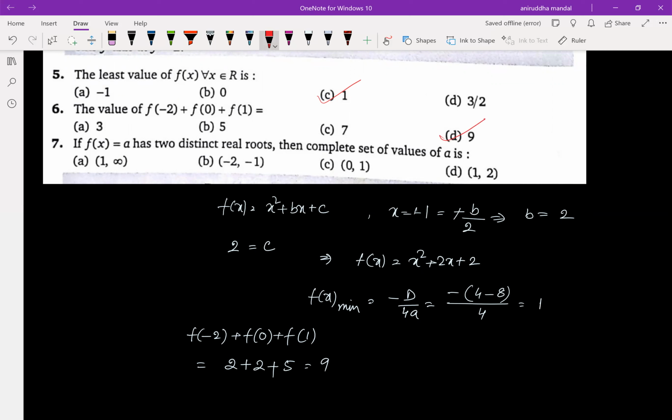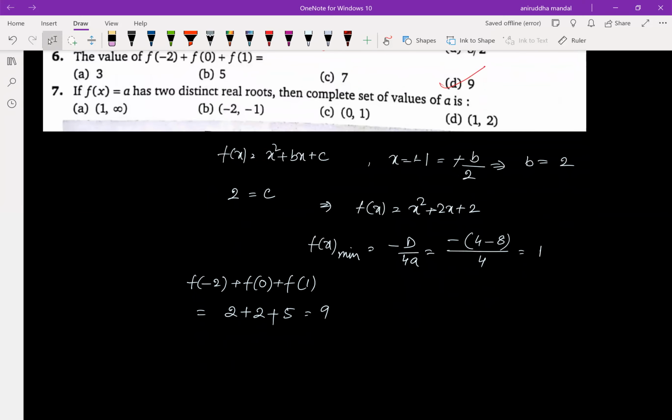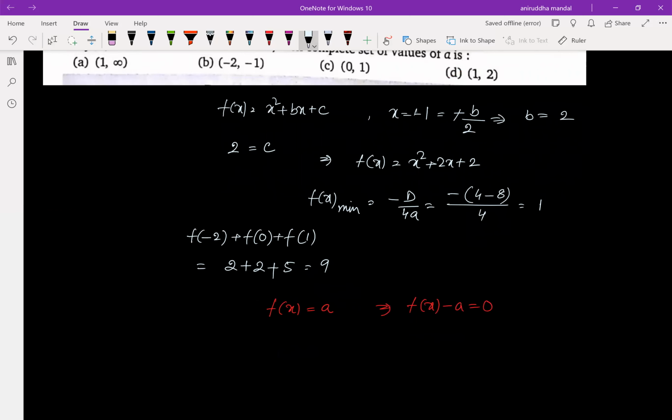And last, f(x) equal to a has two distinct real roots; find the complete set of values of a. So f(x) = a means f(x) - a = 0, and our f(x) gives x² + 2x + 2 - a = 0.